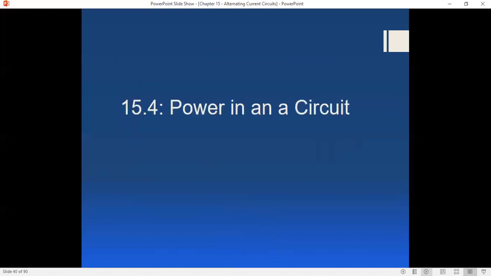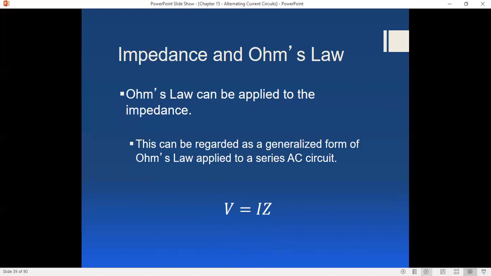In terms of resonance, when XL equals XC, when the inductive reactance equals the capacitive reactance, our Z just becomes purely resistive.